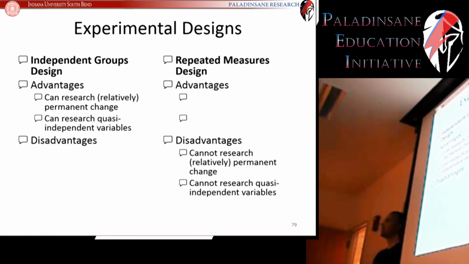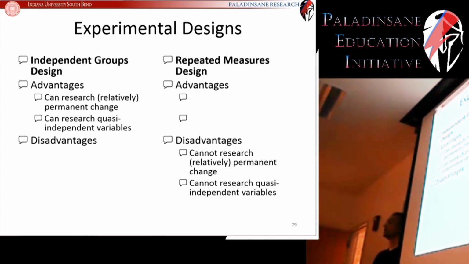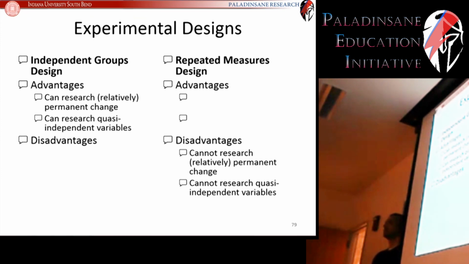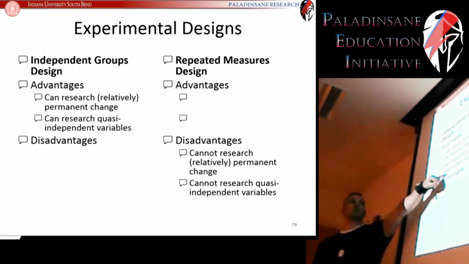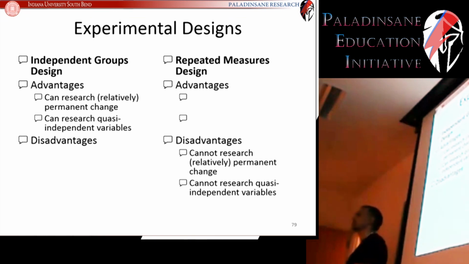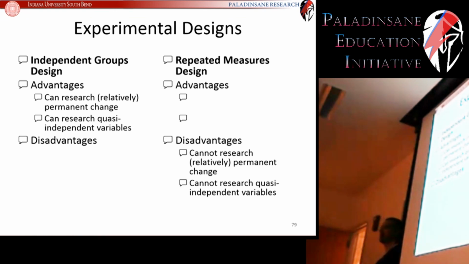So quasi-independent variables of interest include things like gender. There's a lot of research that is done on sex differences, gender differences between males and females, and that is a quasi-independent variable because the experimenter cannot manipulate that variable.